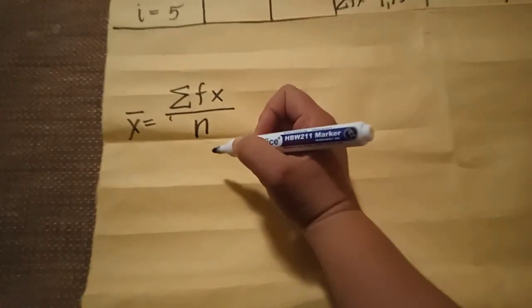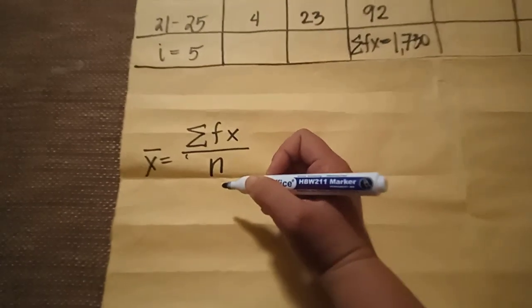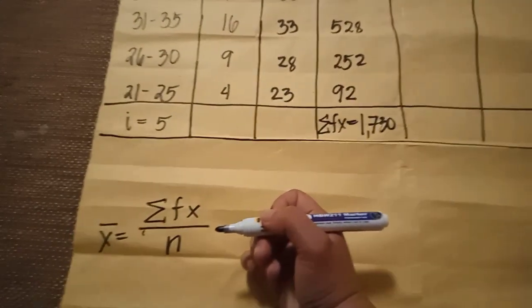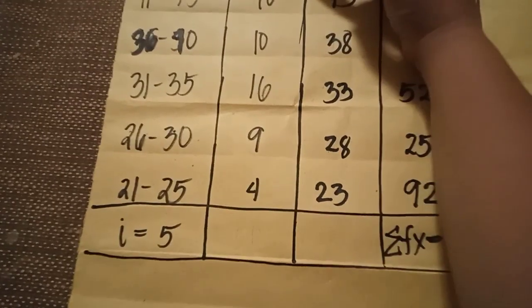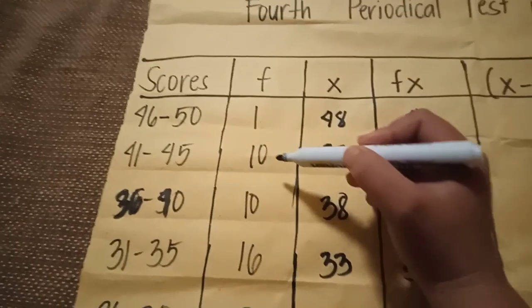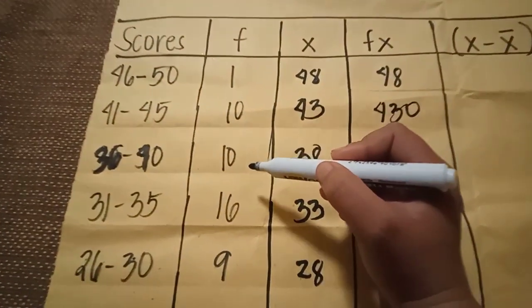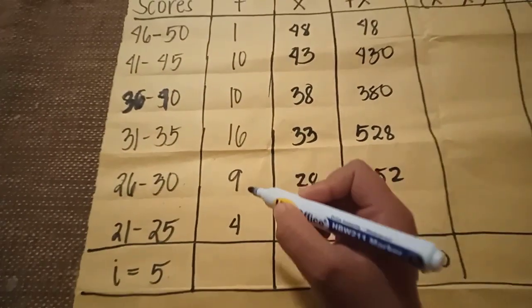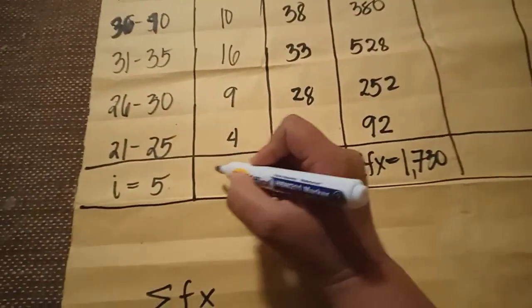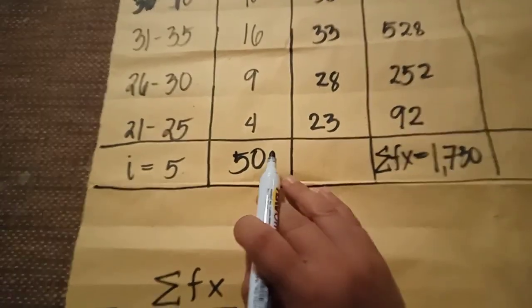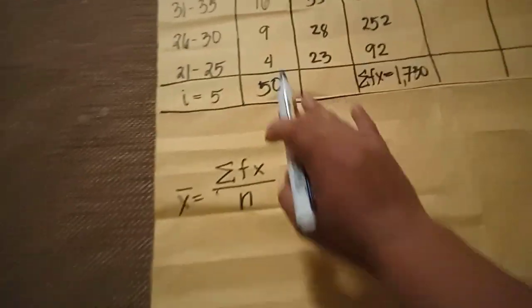Oh, I'm sorry, I forgot that our n will be found if we add all of our frequencies. 1 plus 10 plus 10 plus 16 plus 9 plus 4 is equal to 50. And that is our n.